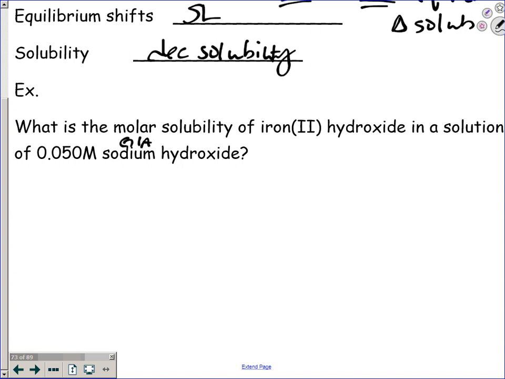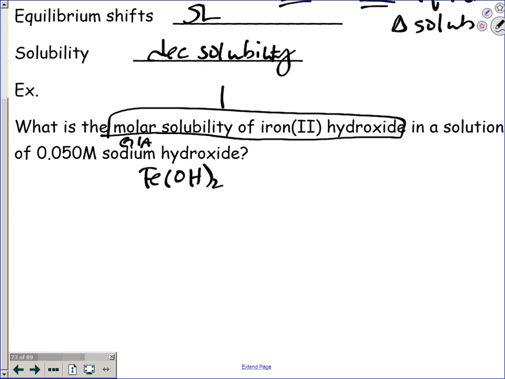It's not the solid here. It's just part of the aqueous solution. So who's the thing we look at? Iron 2, and it tells you because it says what's the molar solubility of iron 2 hydroxide. So this is the Ksp guy.